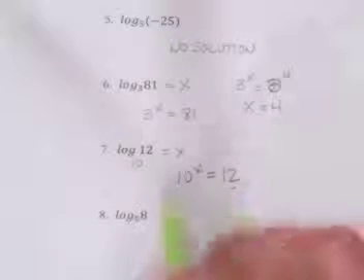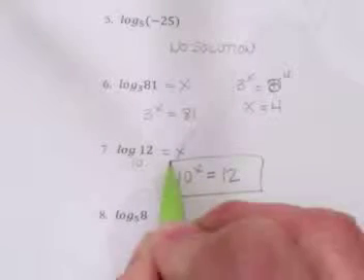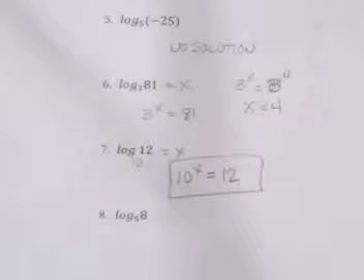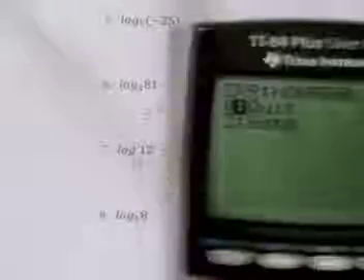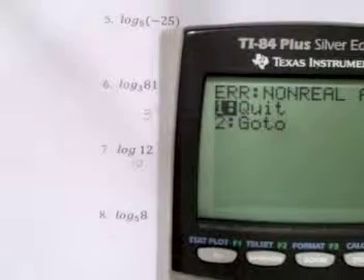12. Now, I'm running up against a brick wall with this one because I can't put 12 in terms of a base of 10. I can't express 12 as 10 to some power. So in this case, I can't use this rewriting as an exponential as a tool. And I have to do this one with my calculator.